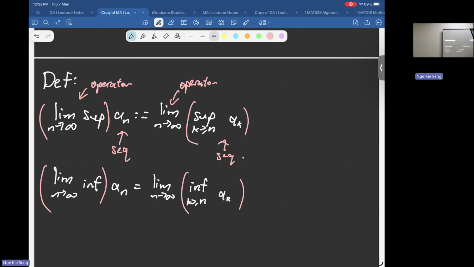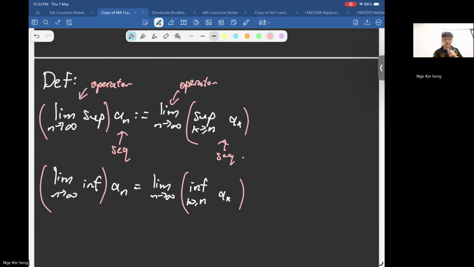Very funny here. This new operator is defined using the usual operators you know on the sequence. There are names for it. This is the limit supremum, or upper limit, or limit superior. And this one is the limit inferior, limit infimum, or lower limit. These are the names for these things.